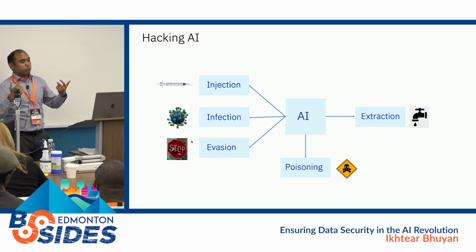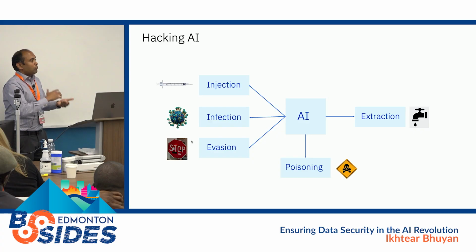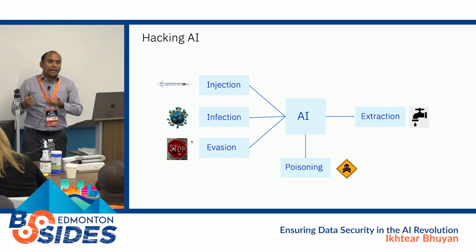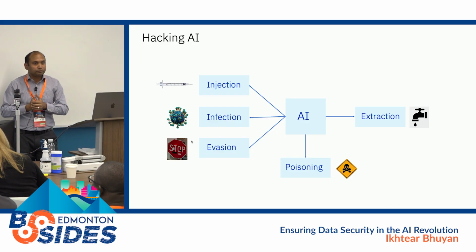Probably I create a bot and say, give me XYZ, give me ABC, and all that information. If I do it for a long time, I can actually extract data out of your organization, not using any kind of hacking tool, just using the AI model that you put in place in a public-facing application.